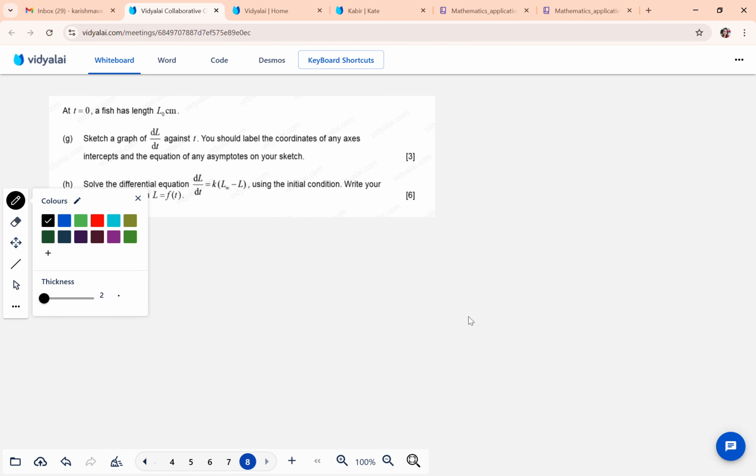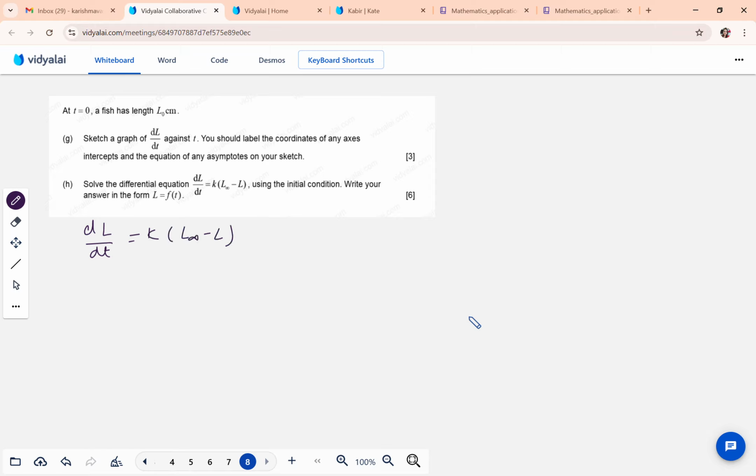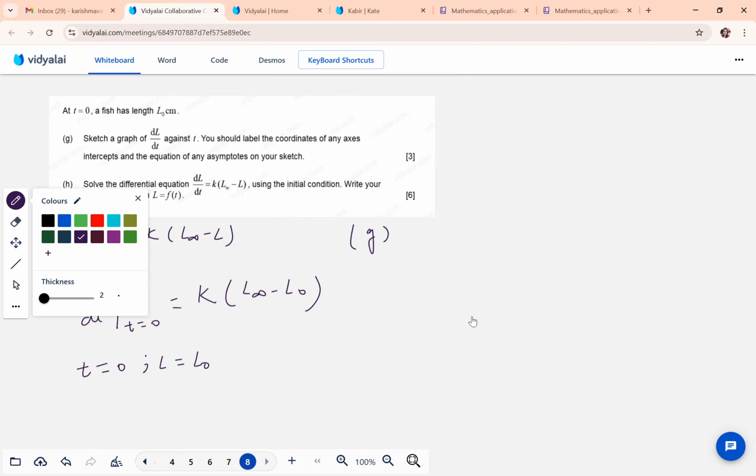In case our t is 0, dL/dt when t is 0 becomes k times (L infinity minus L naught), because then L becomes L naught. So this is our value for dL/dt, because they have given t is 0, then L is L naught.